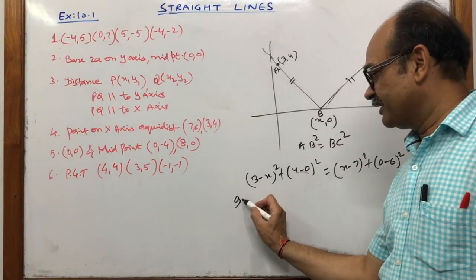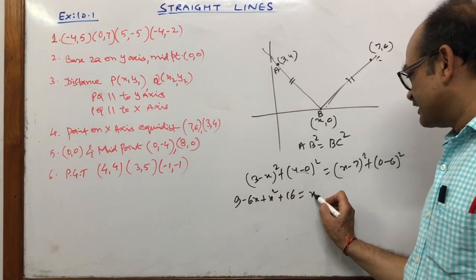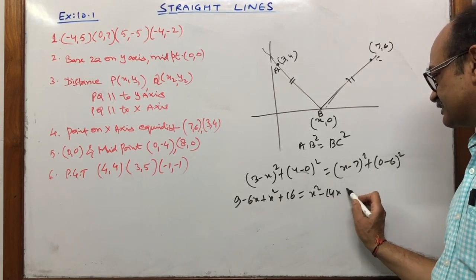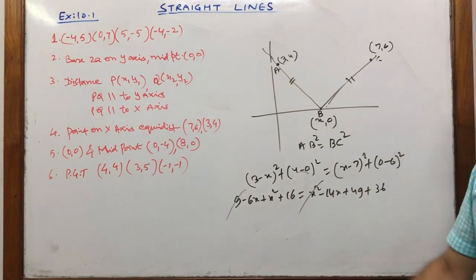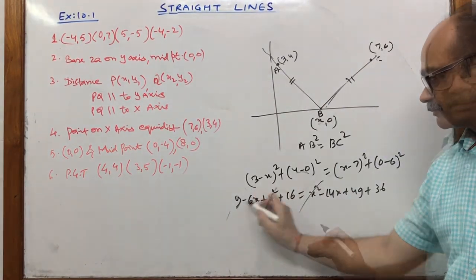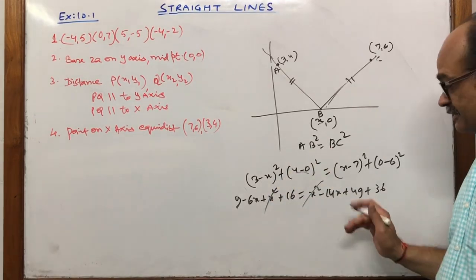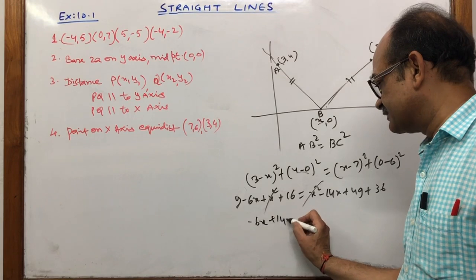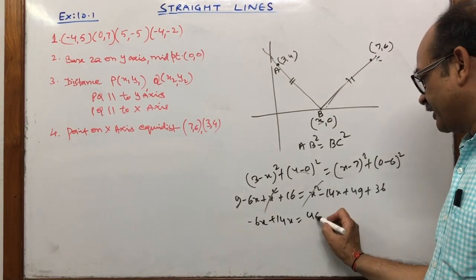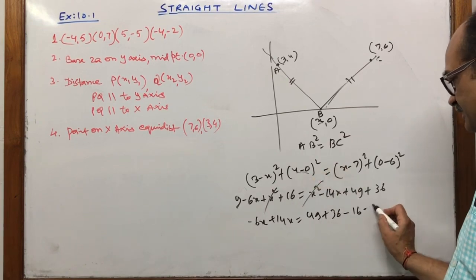So here 9 minus 6x plus x square plus 16 equals x square minus 14x plus 49 plus 36. x square and x square cancel out. Now transfer x on one side and constants on the other side. So minus 6x plus 14x equals 49 plus 36 minus 16 and minus 9.